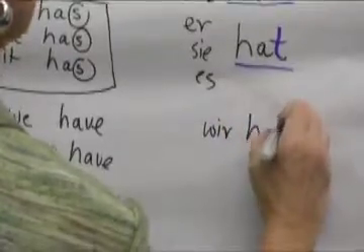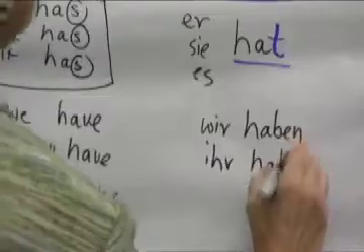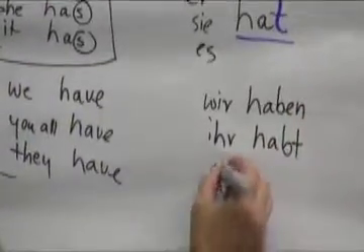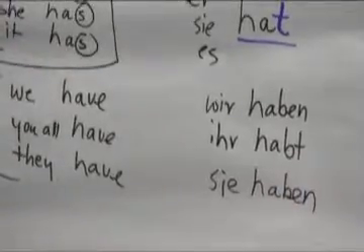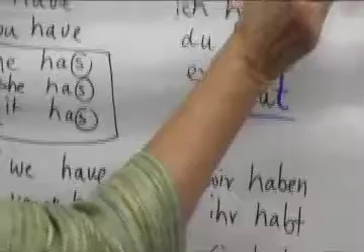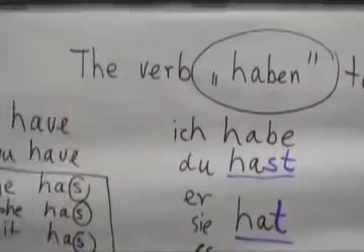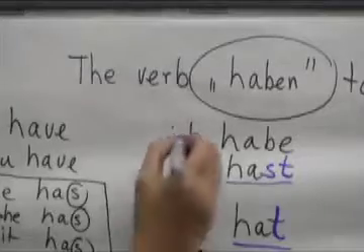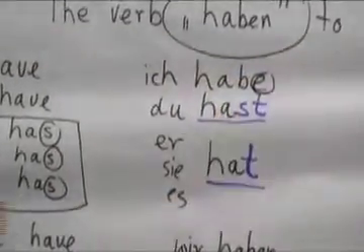Wir haben, ihr habt, und sie haben. Okay, so what do you learn about the verb haben? This is called the infinitive. Remember, the infinitive before we do anything to that verb. Once we conjugate it, remember you learned ich, ending is e.